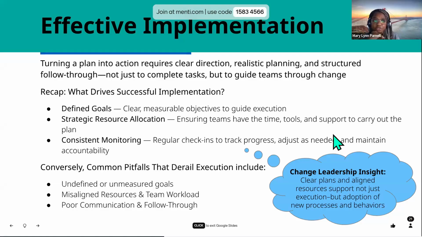of our implementation. And what drives successful implementation? Just to recap: defined goals, strategic resource allocation, and consistent monitoring. Conversely, the common pitfalls that will derail our execution will be undefined and unmeasurable goals, misaligned resources and team workload, and poor communication and follow through.